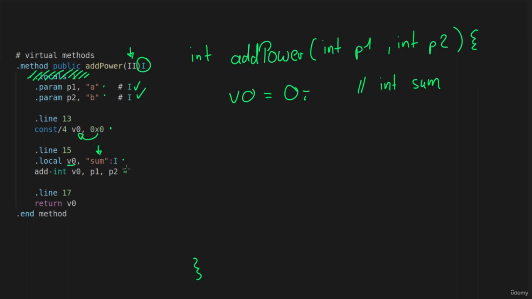Here we can see, okay, P1 gets added to P2, and this result is stored into V0. And we write this down exactly as it is: V0 equals P1 plus P2. And last but not least, we are returning this register V0.